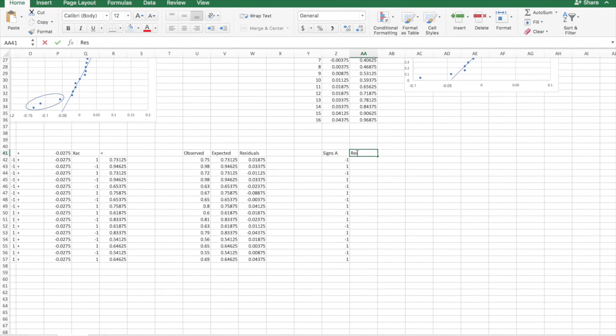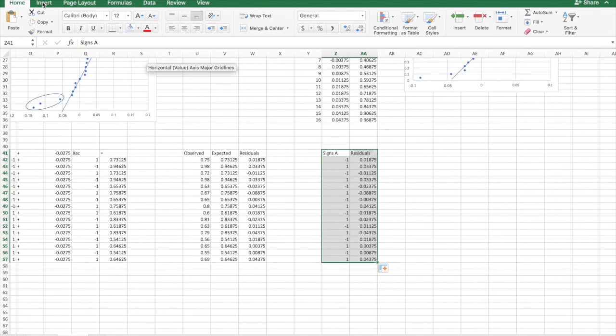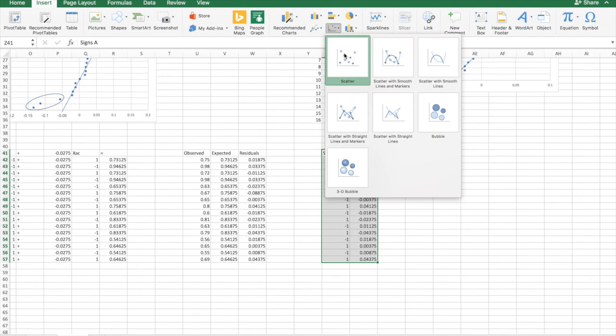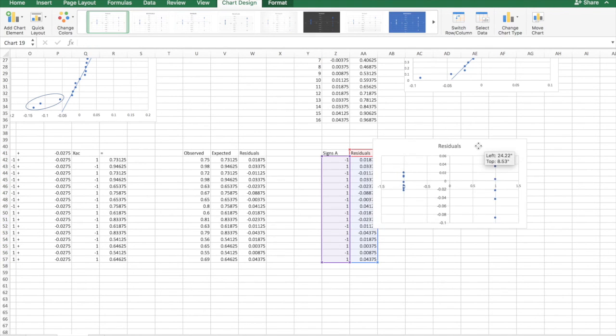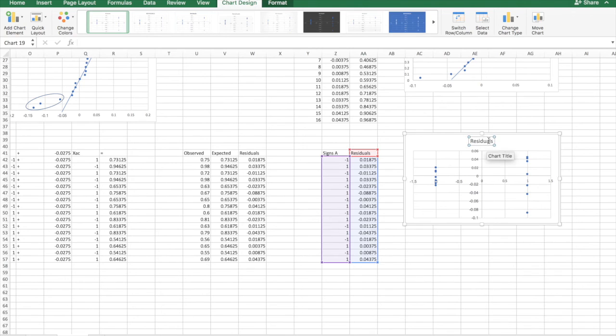Against the residuals, and we copy the residuals, and then we plot this on a scatter graph, and we observe the dispersion.